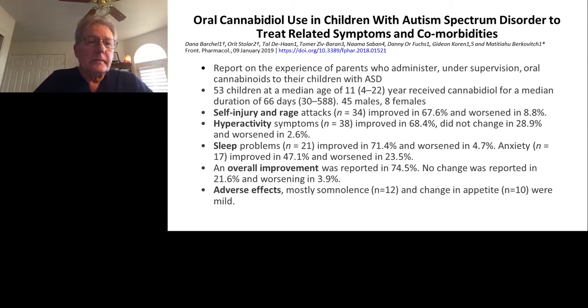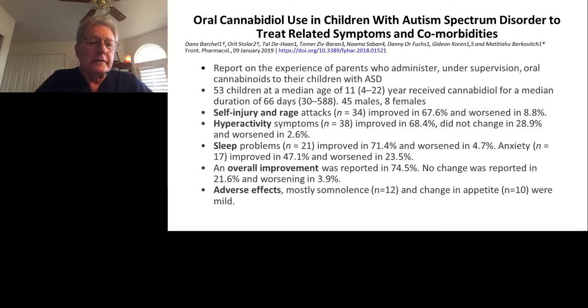In this study of children with autism spectrum disorder, what is remarkable to me, besides this being a great resource for references, is that in this group of 53 children, the side effect or adverse event profile of somnolence or a change in appetite were all mild.